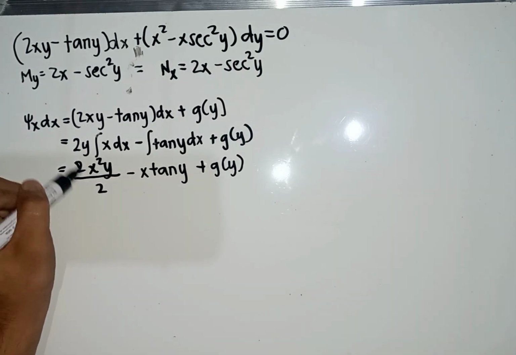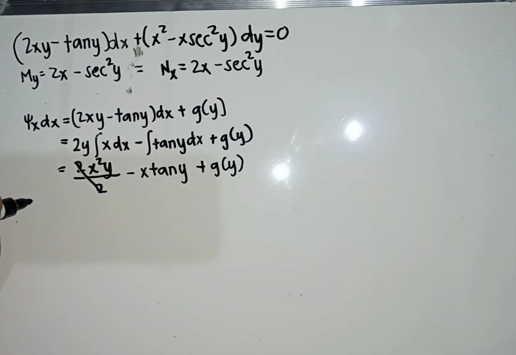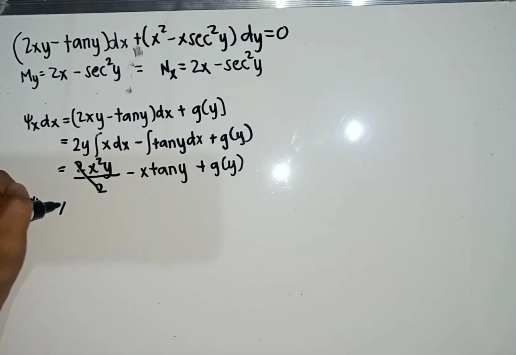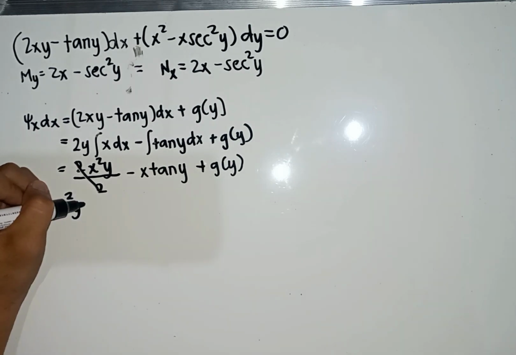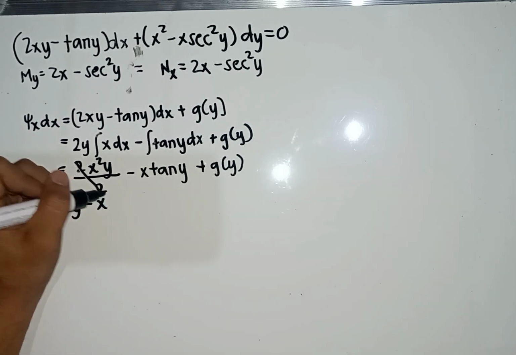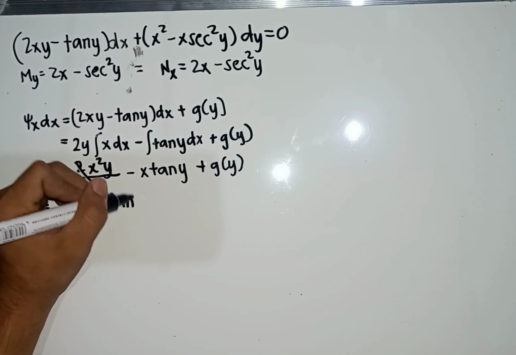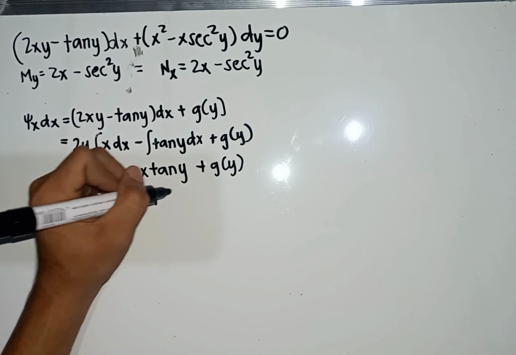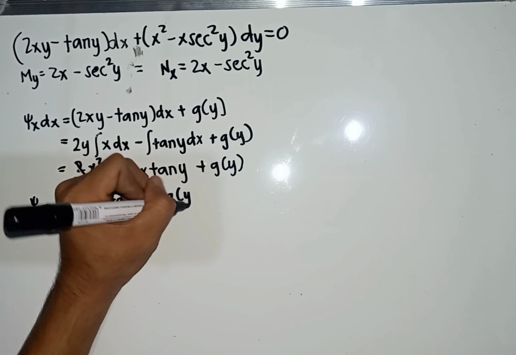Now we can cancel this out, so psi would be equal to x squared y minus x tangent y plus g of y.